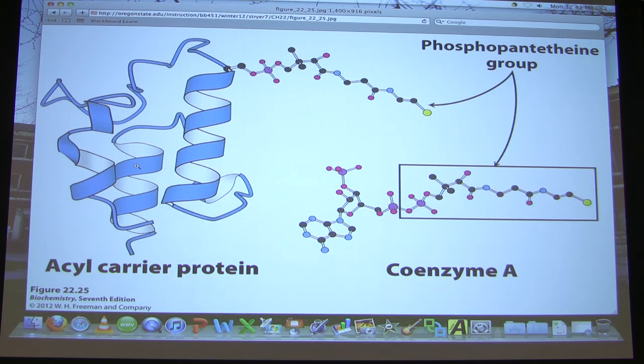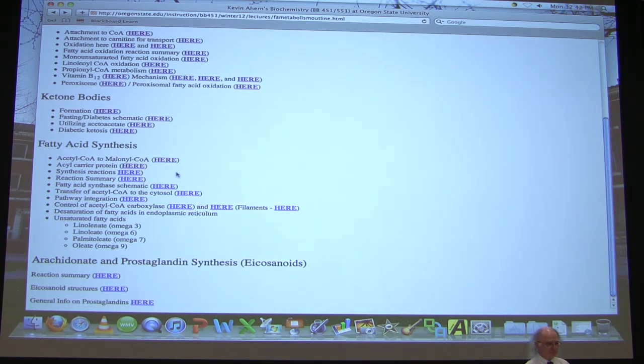Look at that. The thing hanging off of this protein is the same thing that's hanging off of coenzyme A. By having a carrier protein, the cell is able to recognize this is something that's being synthesized. It's a very visible difference because this thing hanging off here isn't present out here on coenzyme A. So this guy is being synthesized.